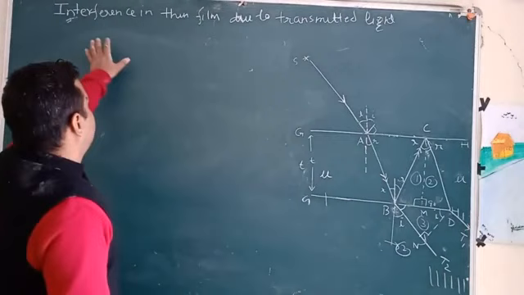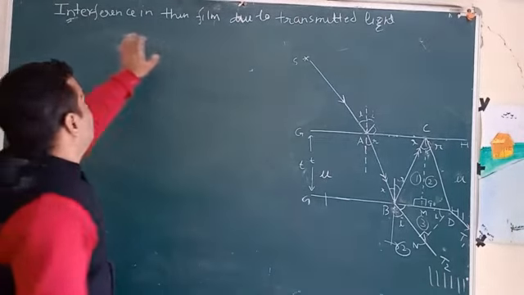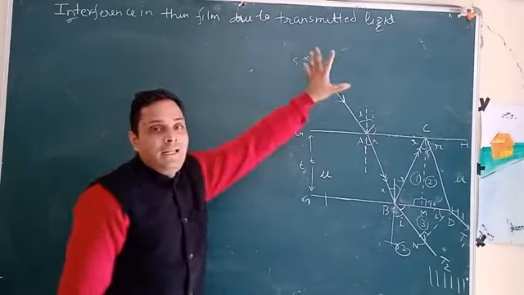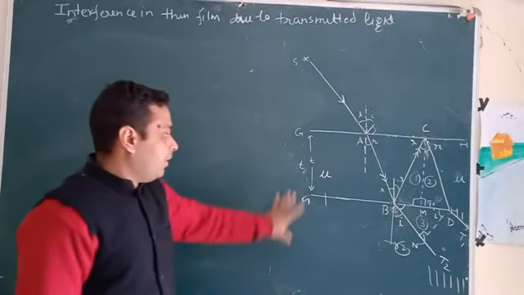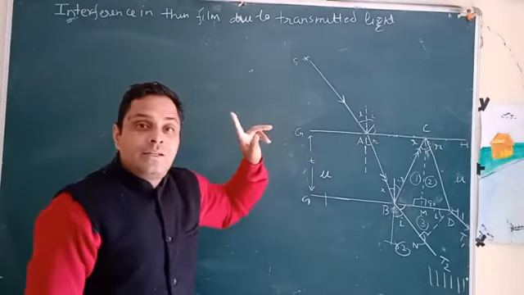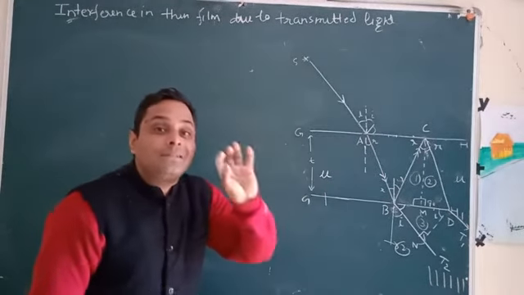I am Pankaj Pathani and today I will discuss interference in thin film due to the transmitted light. Thin film is basically a film with a thickness of less than 1 micron.